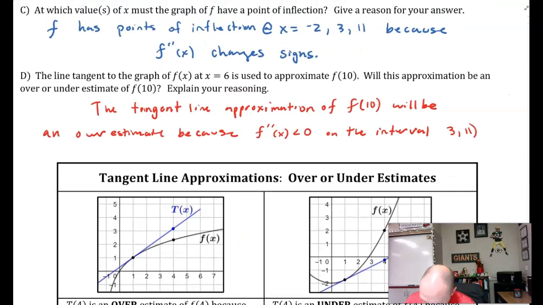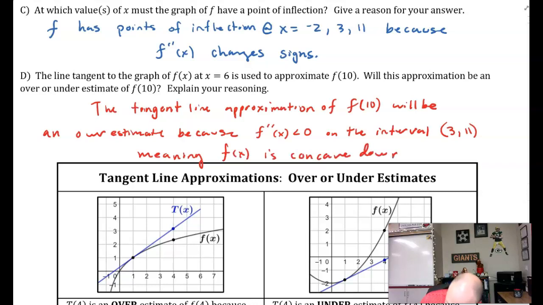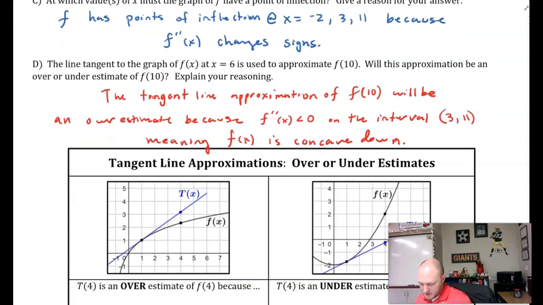No, 3 to 11. 3 to 11, meaning f of x is concave down. Okay? Awesome. There you have it.